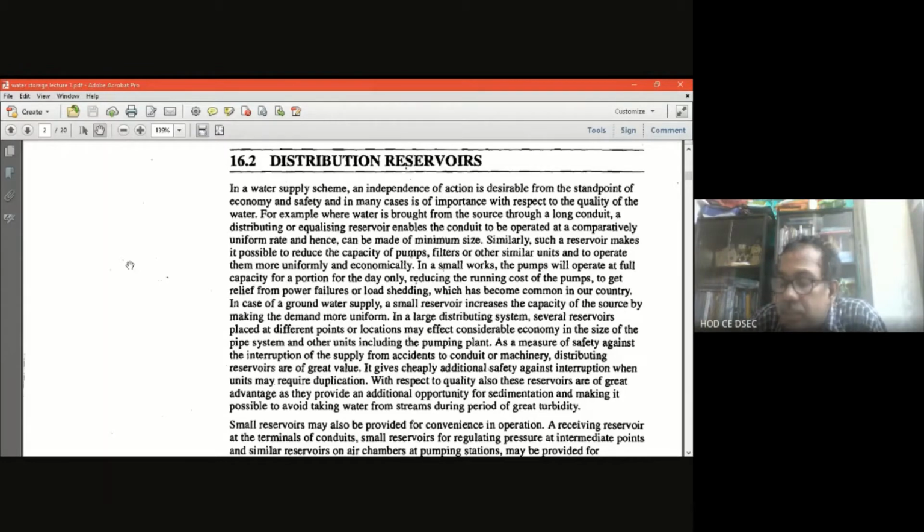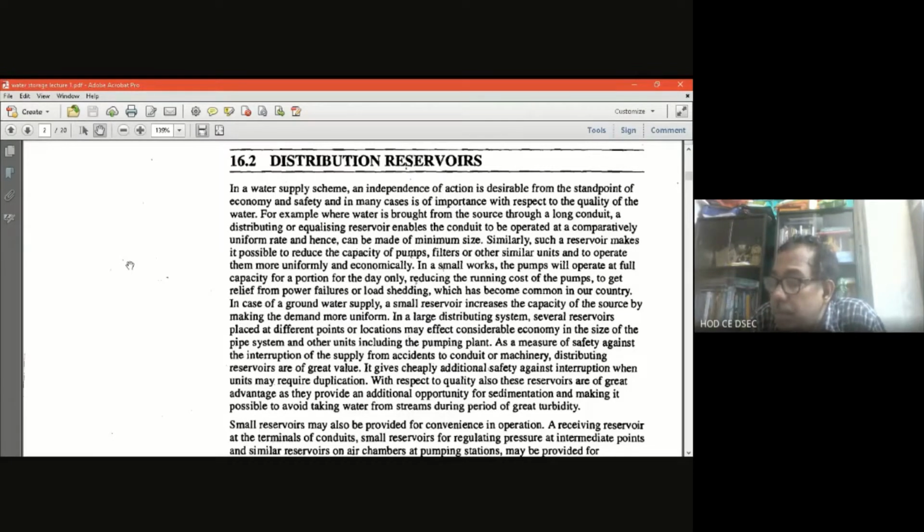Now the reservoirs are classified according to the use of the system. The reservoirs may be classified as number one, the storage or conservation reservoir. Number two, the flood control or flood protection reservoir.